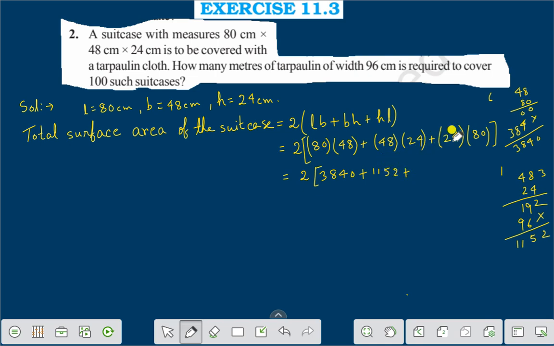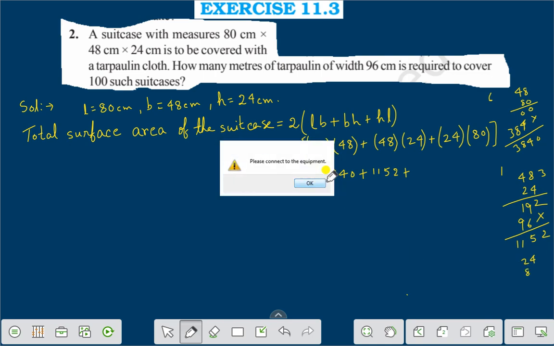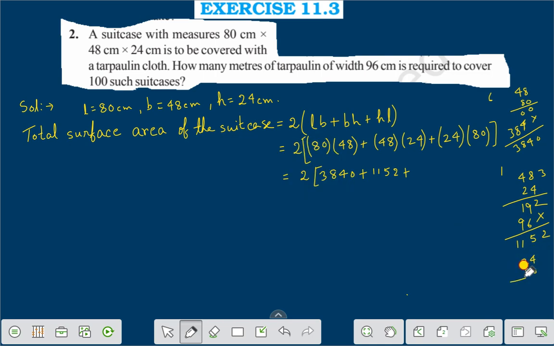Plus, if we multiply 24 with 80, then we are getting 1920. So we are getting 3840 plus 1152 plus 1920.